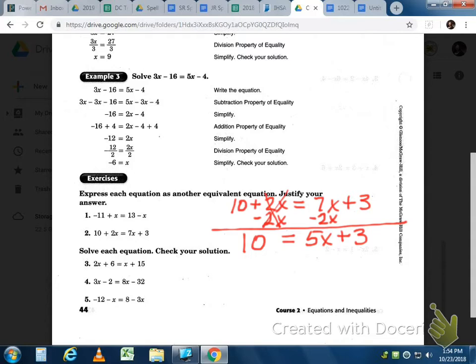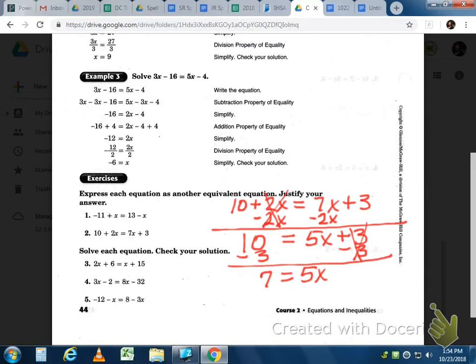Okay, if my 5x is on the right, my numbers have to go to the left, correct? So I need to subtract 3. The 3 minus 3 is gone. So 7 equals 5x. What's the last step always?